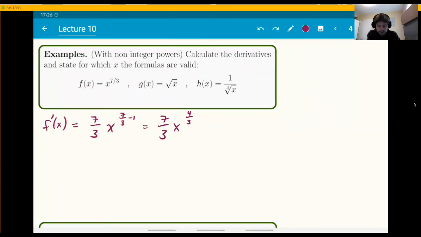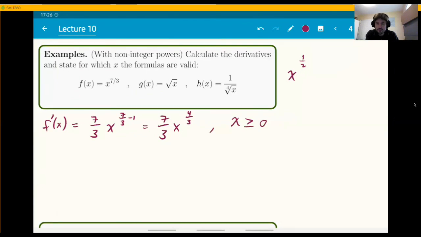And the domain, when you're raising a number to a non-integer power like this, usually you only want to do that for positive or possibly 0 x, but not negative values. The reason is, this power would be okay with a 1/3, but if you're raising to something that involves an even denominator like the number 1/2 here, this is the same thing as square root.